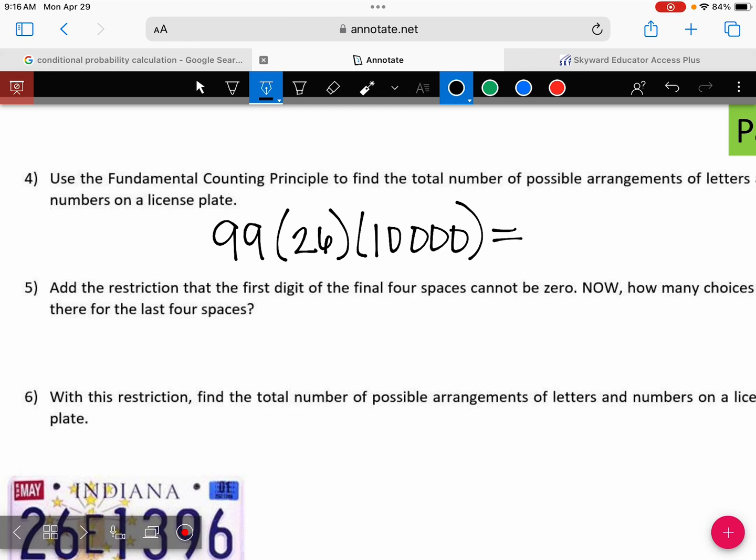It's a big number. So I got 25,740,000. Anybody else get that number?